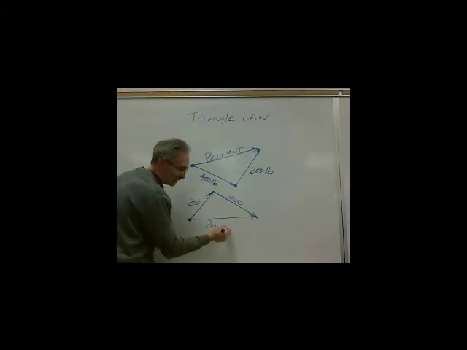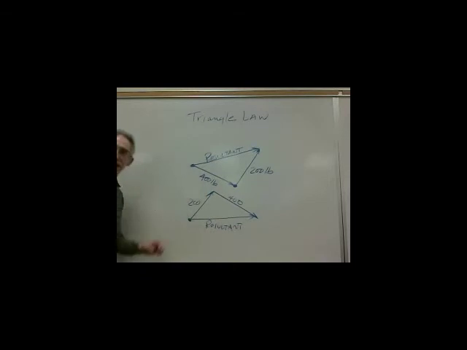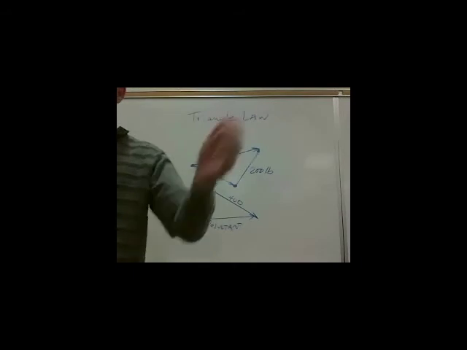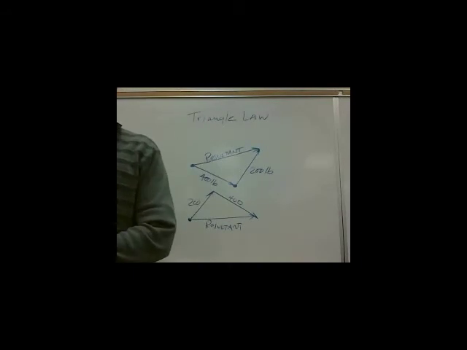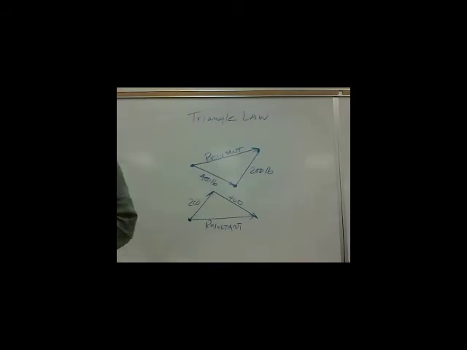Now, that might not look like it because I just sketched it up here on the board, but those resultants would be the same. If you did that on a piece of paper with a protractor and a scale, you'd see that those resultants would be the same length, and they'd be in the same direction. Okay? So that's called the triangle law.